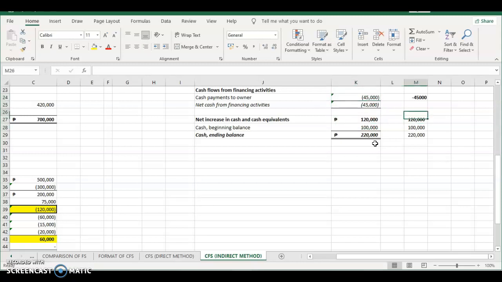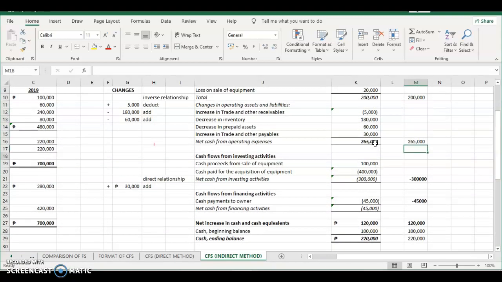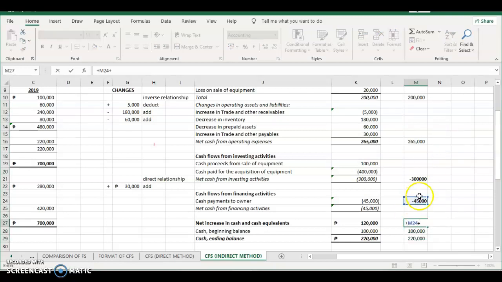So, we'll add everything. 120,000. 300,000. Negative 300,000. 265 and 200,000. So, that is 120,000, class, yung net increase in cash and cash equivalents.